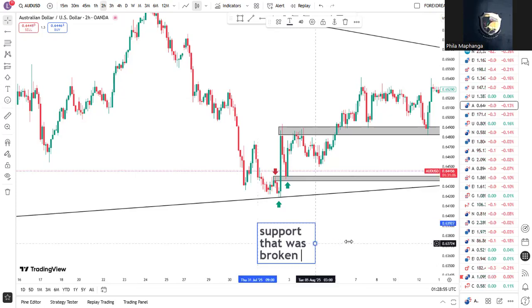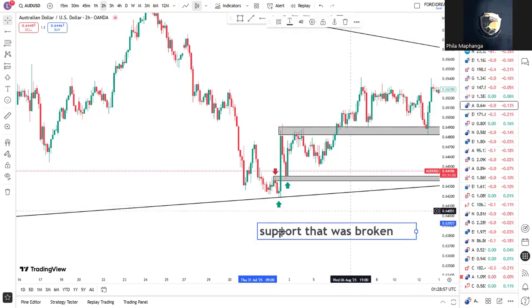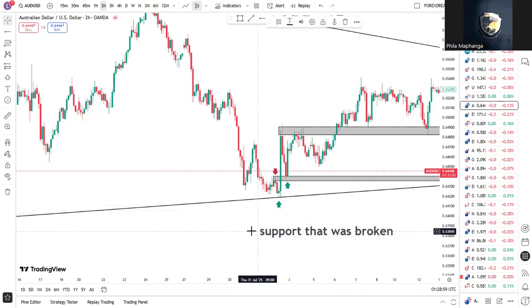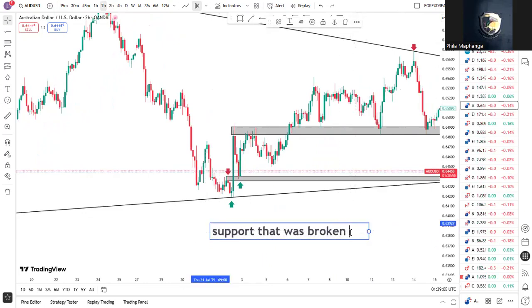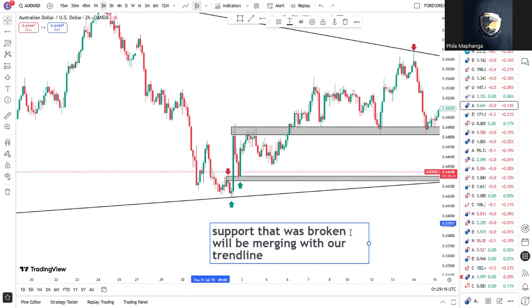And then the support that was broken will be matching with what? The support that was broken will be matching with our trend line.